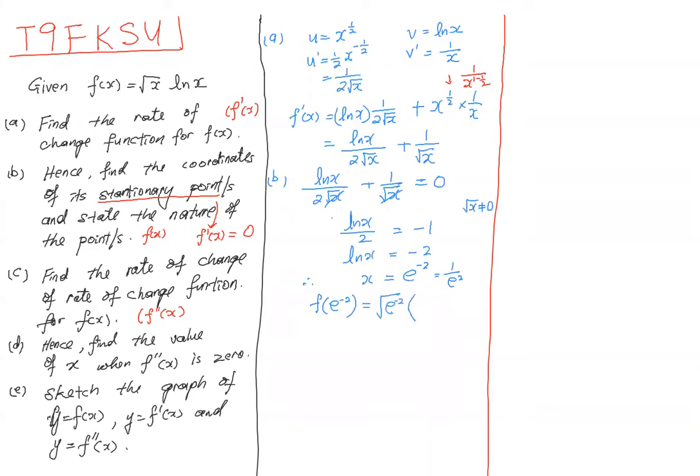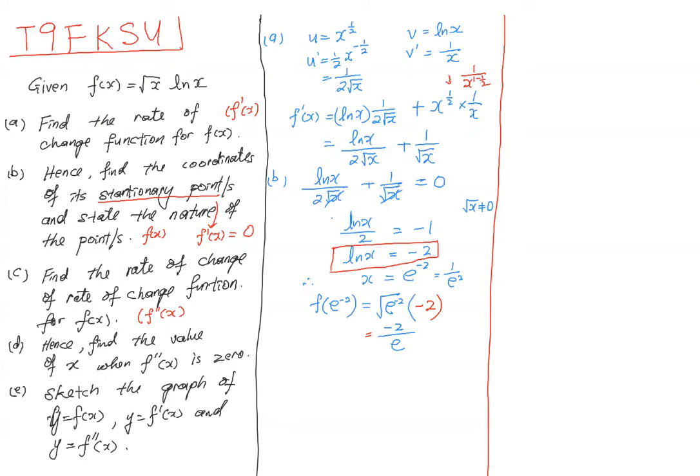This ln x, I can just put negative 2 here. Clear? It saves a lot of trouble. So this will be negative 2 over, you see square and square root, and this is a negative, so it will be 2 over e.